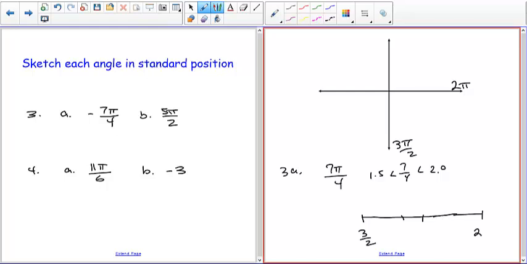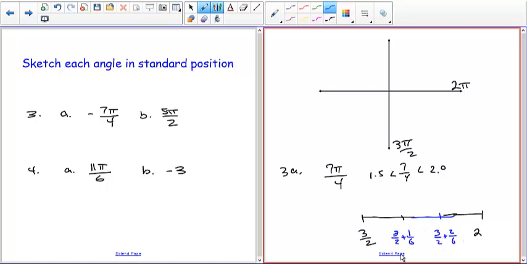So let me break it into 3, and then we'll break it into a half. If you break it into 3 parts, each part is 1/6, so this is going to be 3/2 plus 1/6, then 3/2 plus 2/6, then 3/2 plus 3/6. 3/6 is a half, so 3/2 plus a half is 2.